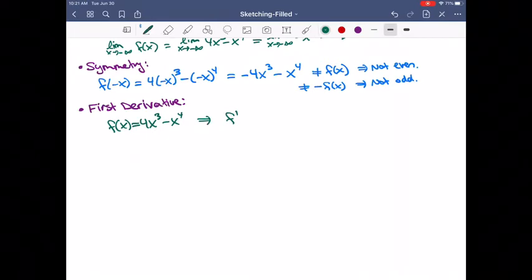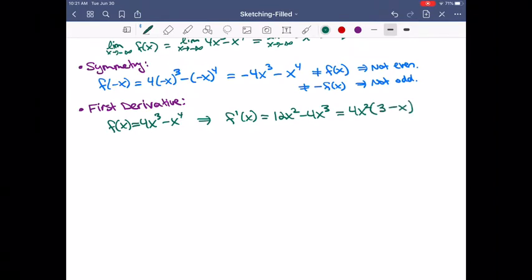So that means our derivative is 12x squared minus 4x cubed, which we could simplify to 4x squared times 3 minus x. Once we factored it, we want our critical numbers.